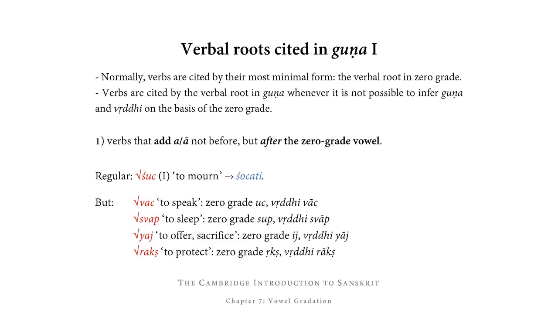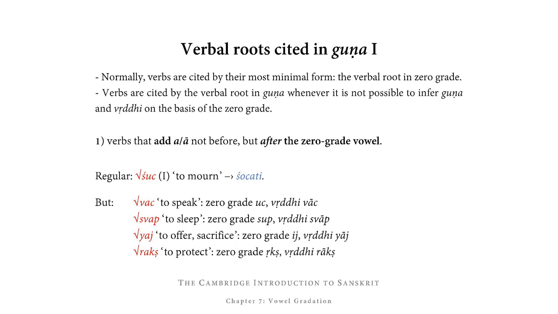And if you have a zero grade root such as ruksh with a vocalic r, what happens is if that vocalic r is followed by another vowel, such as here the guna vowel a, it appears not as a vocalic r but as a regular consonantal r, and so from the zero grade ruksh we get the guna form raksh. If we listed these verbs by their zero grade roots, uch, sup, ij, and ruksh, we would not have any way of predicting their guna forms.